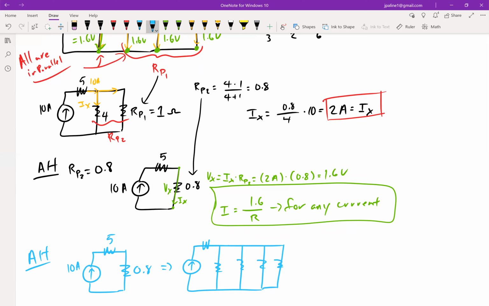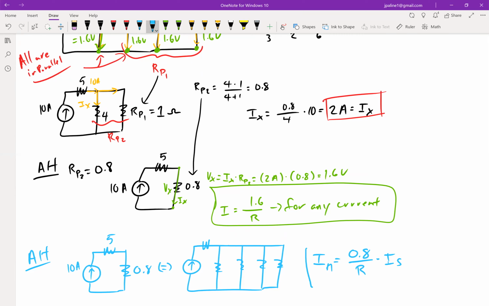They're the same circuit, they're interchangeable. Find I of N, so just any current you want. It's just 0.8 divided by that resistance value times I of S, which was 10.